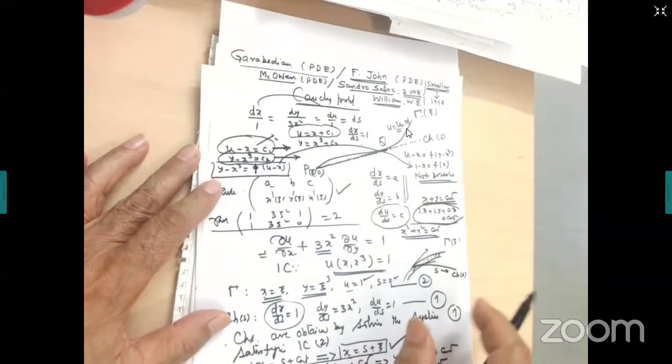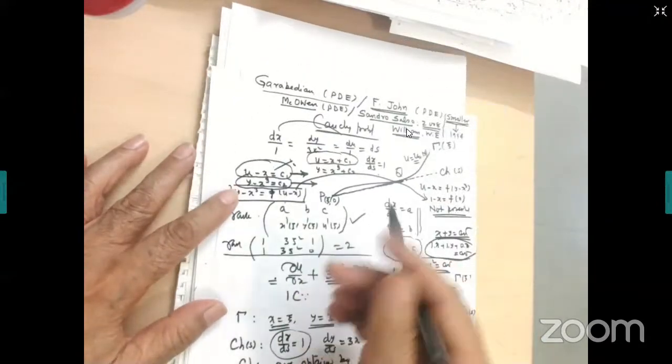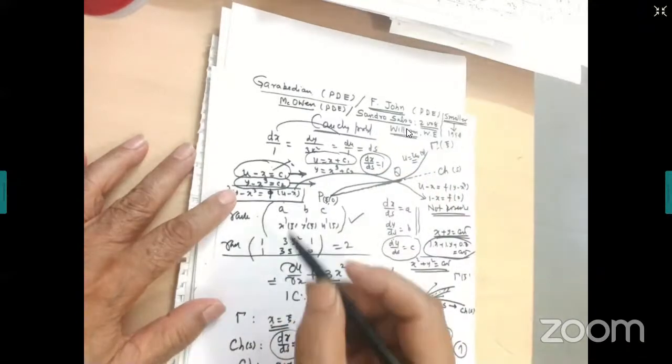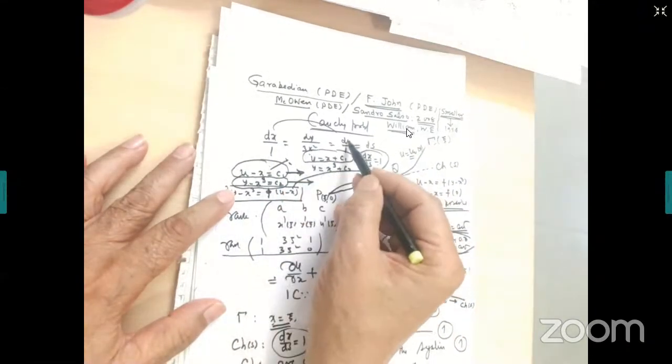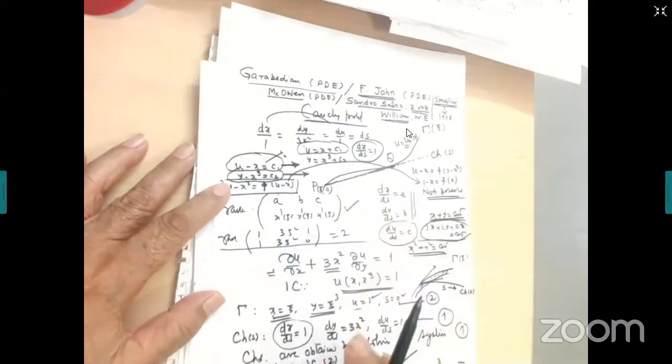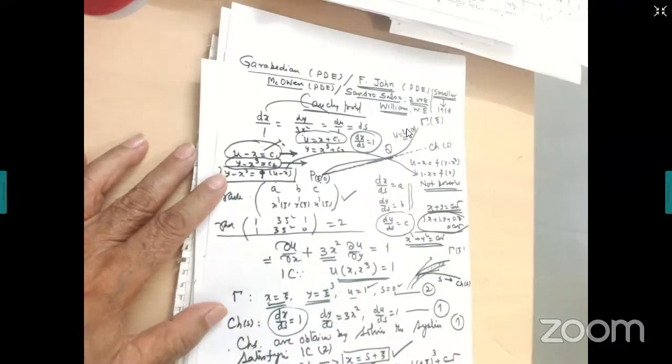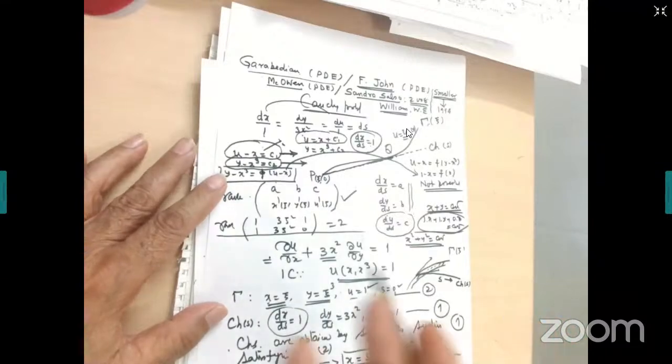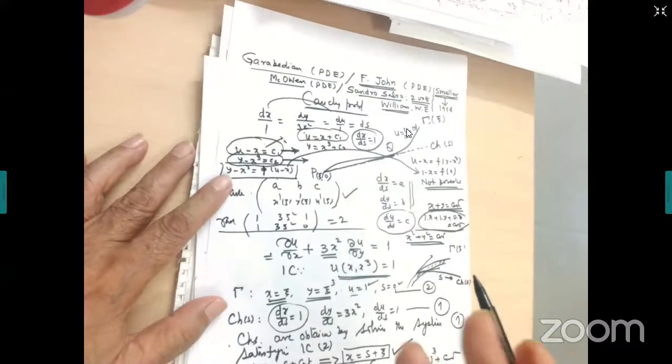I have written dx, dy. This is a differential equation. But here, if I write dx upon 1 is equal to dy upon this is equal to du upon this, these are the differentials. But now the idea is very clear. I can write a differential form in terms of a differential equation.